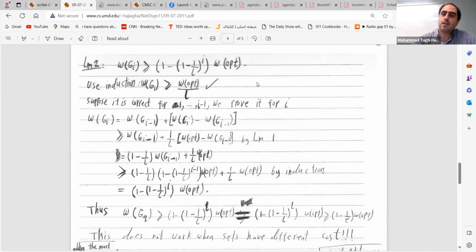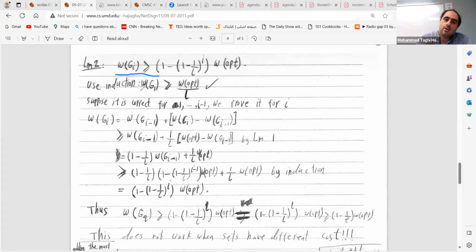Okay, so now this is another lemma that I wanted to prove: W of GI is greater than 1 minus 1 over L to the I times W of opt. Good. So let's try to use induction, naturally.